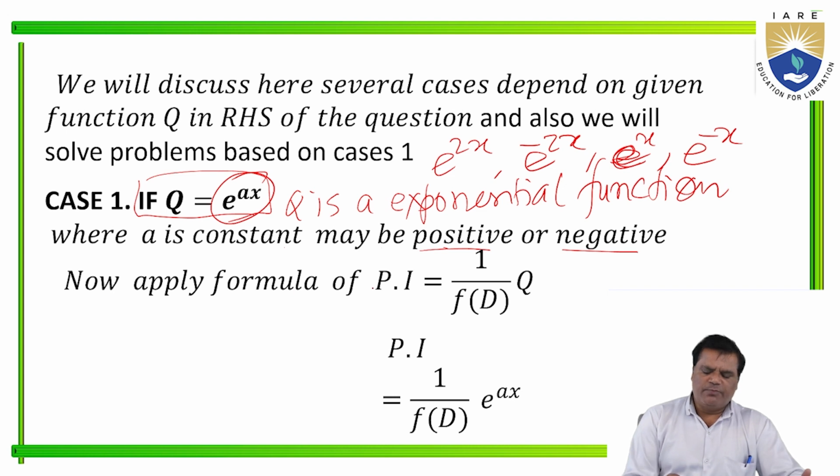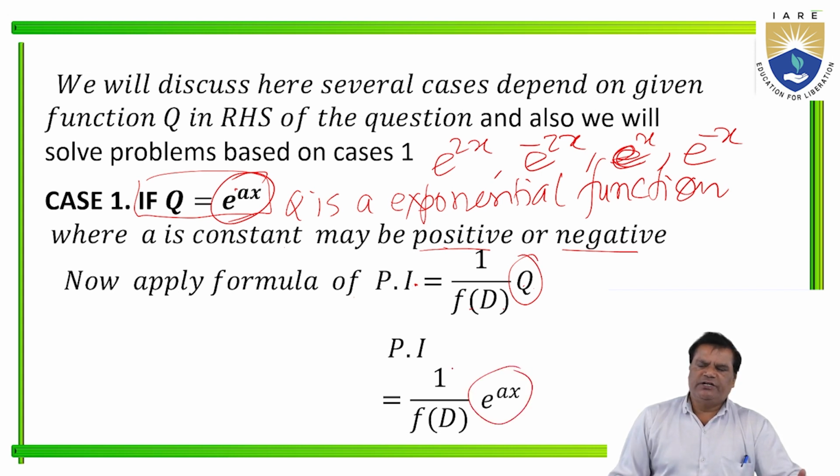Now apply the formula of PI. PI is equal to 1 upon f(D) into Q. Putting the value of Q here, Q is e to the power ax.